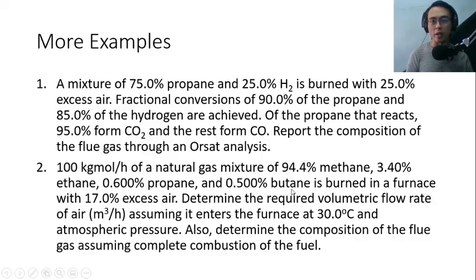You simply have to write their balanced combustion reactions. You're given the percent excess air, so simply solve the number of moles of air fed, and then convert that to volumetric flow rate. Especially since you are already given the temperature and atmospheric pressure, you simply use the ideal gas law.